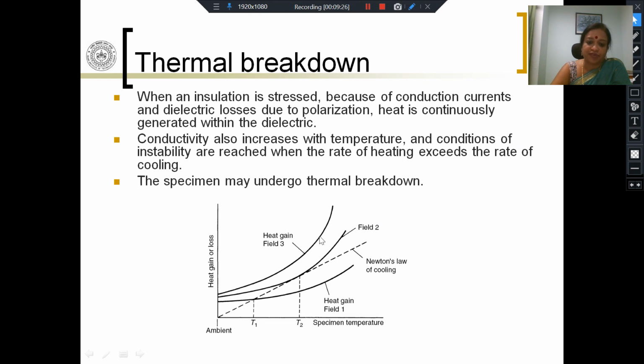Whereas in field 2, you might be able to work at a scenario, for example, at temperature T2, where heat gain is equal to heat loss, and you have an optimal situation. You can also work with field 1, and if you're working with field 1, you will be able to operate at a much lower temperature. Whereas with field 2, you will be able to operate at a higher temperature.